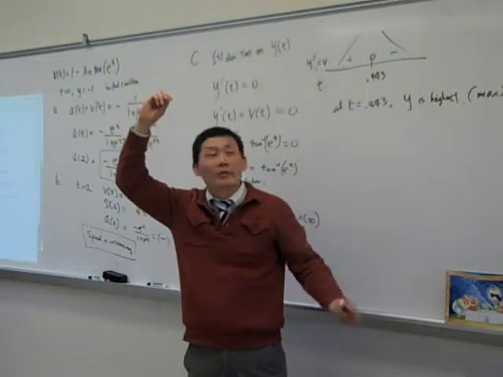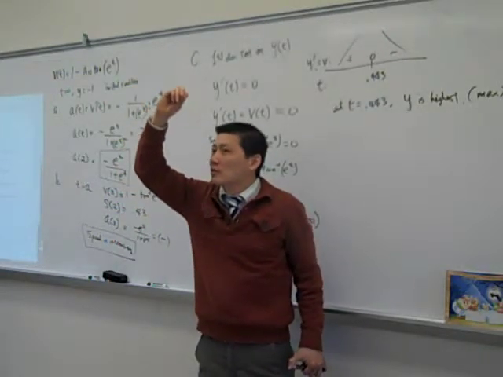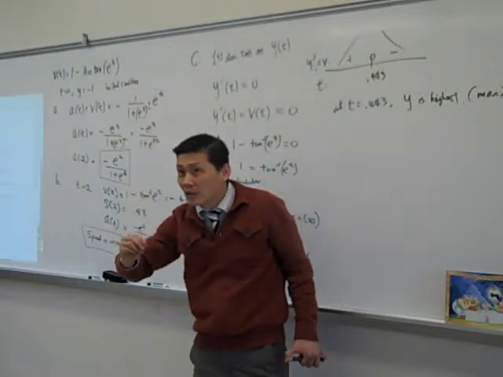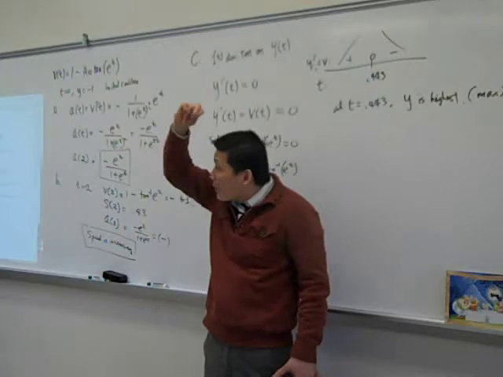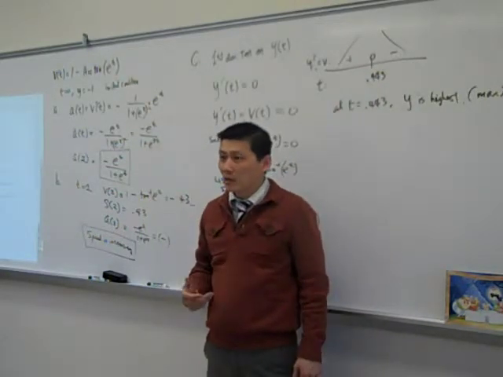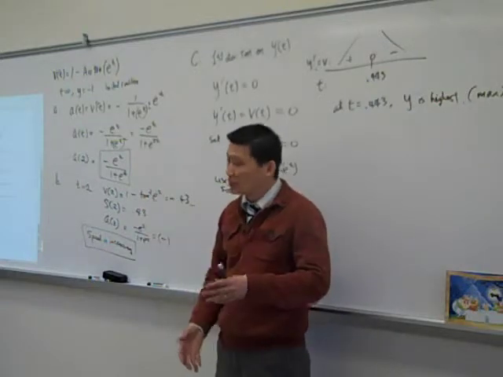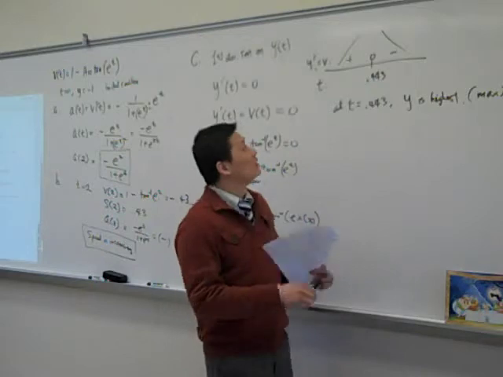Then what happened? Negative velocity. So what happened to the particle? It begins to drop. That's why finding the point when velocity becomes 0 gives you the critical point to figure out whether it's a maximum or minimum. Okay? So here you have part C.